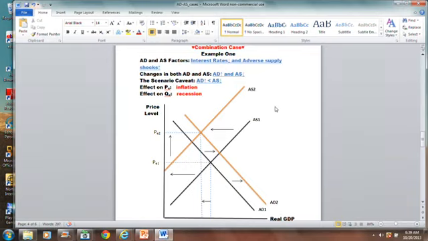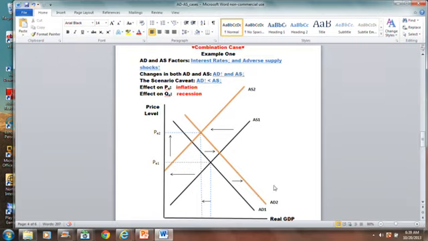Now there's a caveat that has to be imposed in a combination case to give us precision, and the caveat is that the decrease in supply is greater than the increase in demand. What that means is that the aggregate supply curve will shift more to the left, decreasing, than the aggregate demand curve shifts to the right, increasing.